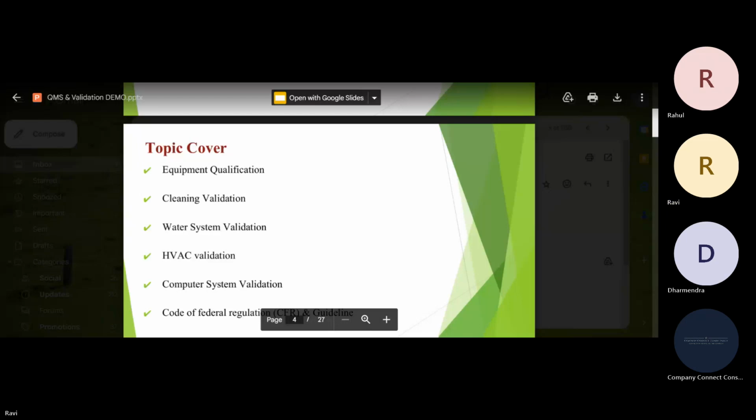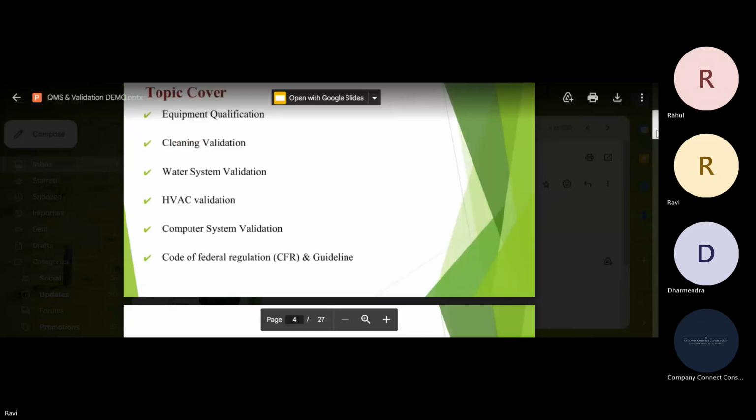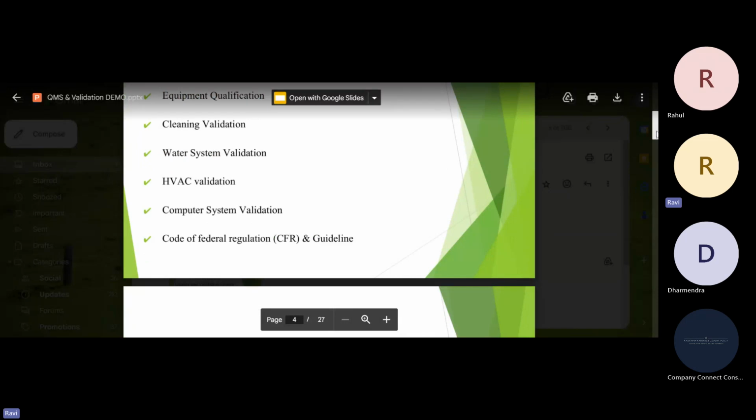Coming to computer system validation. Nowadays it is a regulatory requirement from the United States Food and Drug Administration and the European Agency. In the European Agency, we call it Annex 11, which is the regulatory guideline, and in USFDA, we call it 21 CFR Part 11.